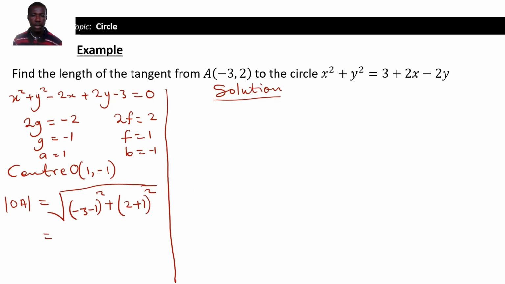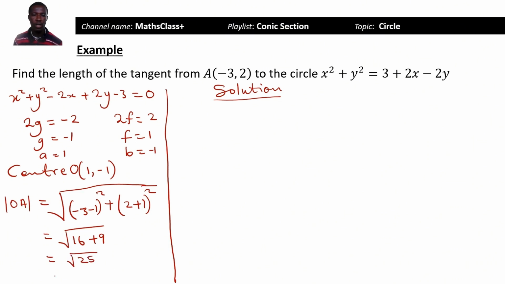And that will give us 4 squared, which is 16, plus 3 squared, which is 9. And that will give us root 25, which eventually gives us the length to be 5 units.